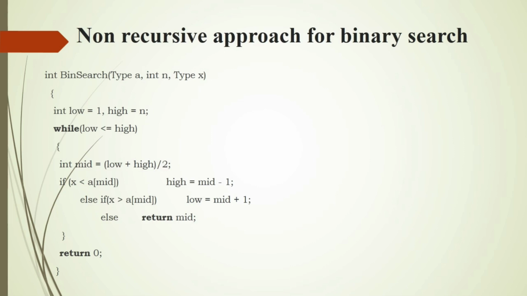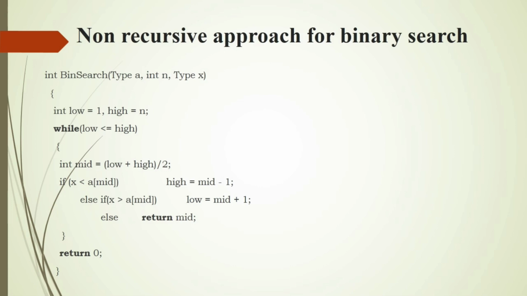This is another way of writing the binary search algorithm, which is the non-recursive or the iterative method. Here we are not going to recursively call the same function once again. We just find the mid element and check if the key element is equal to the middle element. If it is found, return the position.